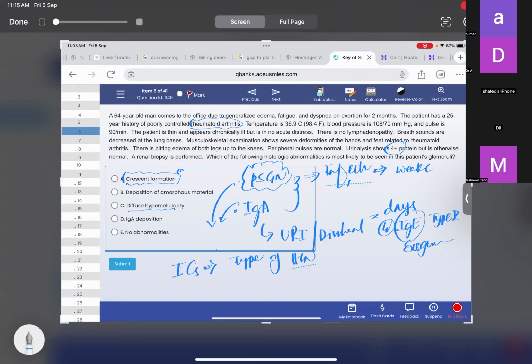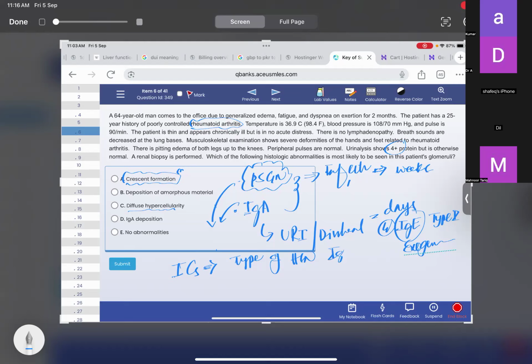IgE is exogenous. The cause will always be exogenous, like in asthma, allergies, etc. So in type 1 hypersensitivity reaction, the antigen will always be exogenous. What about type 2 hypersensitivity?